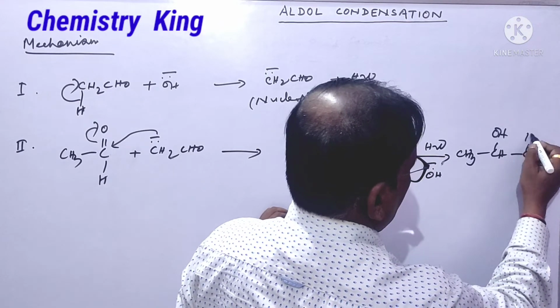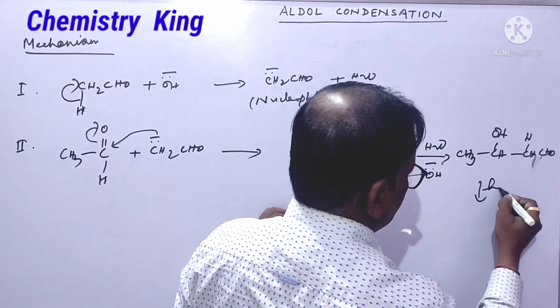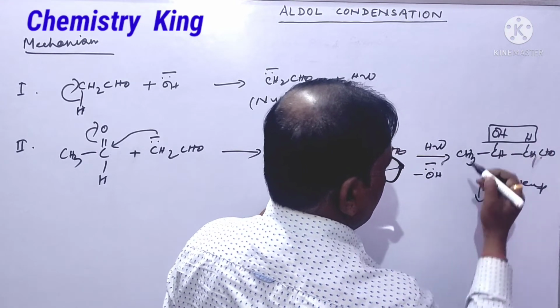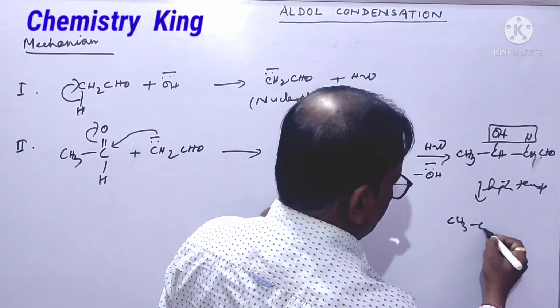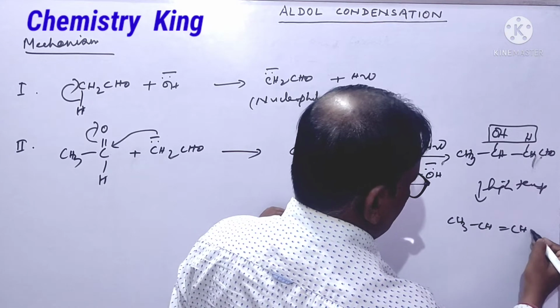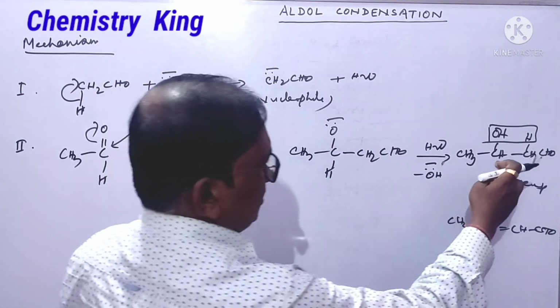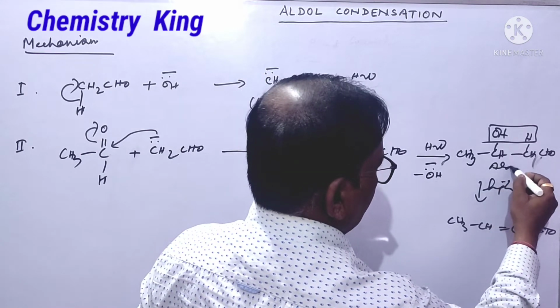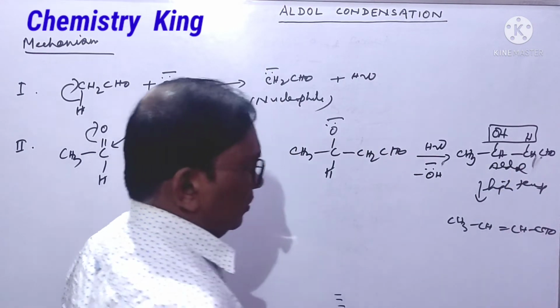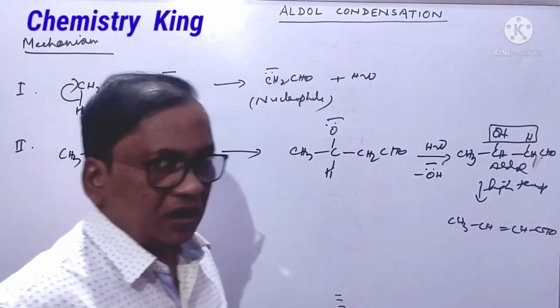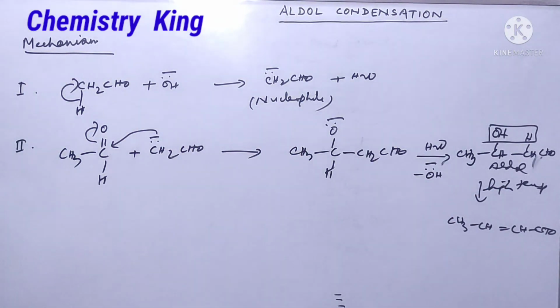It is aldol. Now at high temperature water is removed and you will get alpha beta unsaturated aldehyde. And on heating at high temperature you will get alpha beta unsaturated aldehyde.